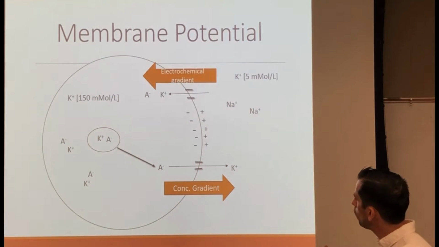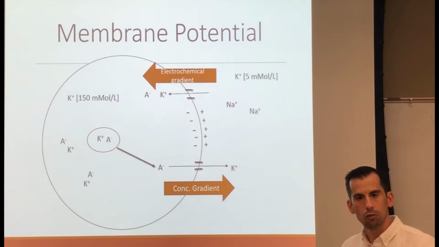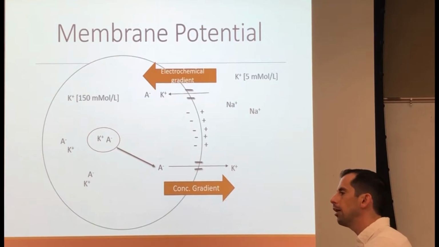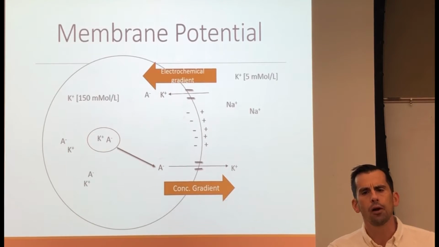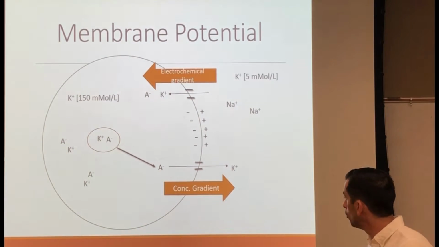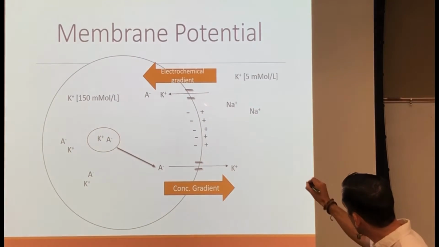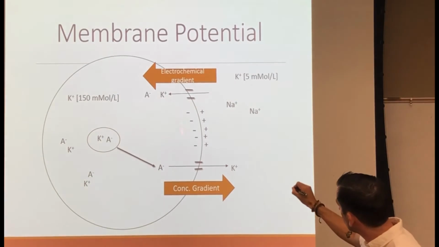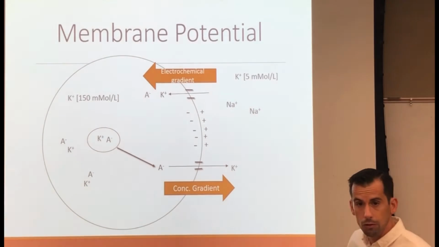So one potassium leaves behind a negatively charged ion. Another potassium leaves behind another. Another potassium leaves, we get another unpaired negatively charged ion left inside that cell. Until eventually, we wind up with this excess positive charge on the outside of the cell, excess negative charge on the inside of the cell.